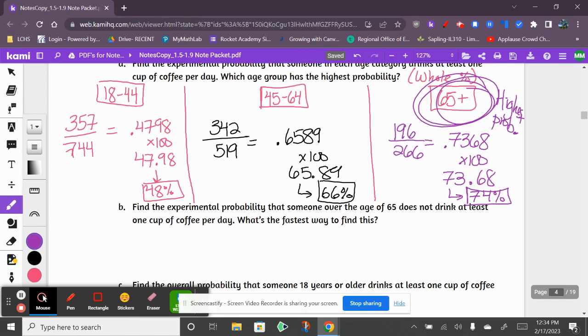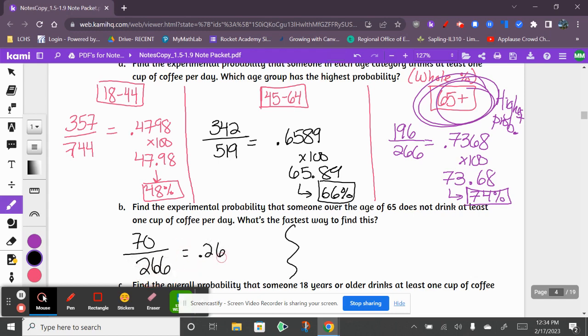For part B, it says find the experimental probability that someone over the age of 65 does not drink at least 1 cup of coffee per day. So there's 2 ways of doing this. I know we'll actually look at both. One way would be to take the amount that do not, so 70 out of the 266.